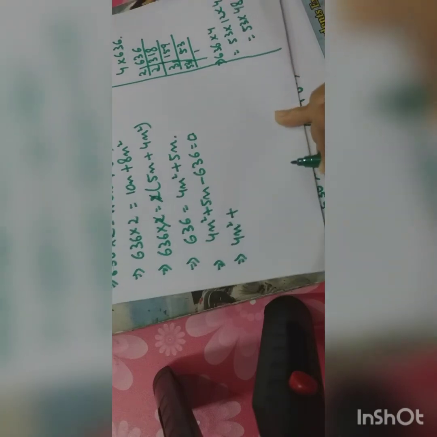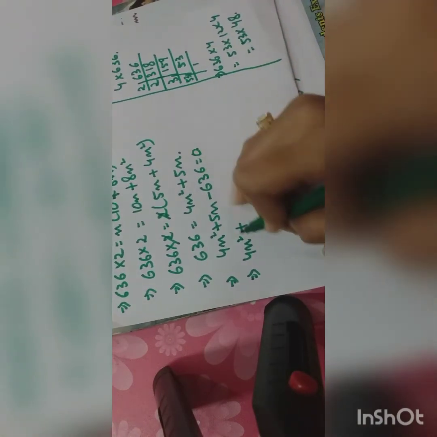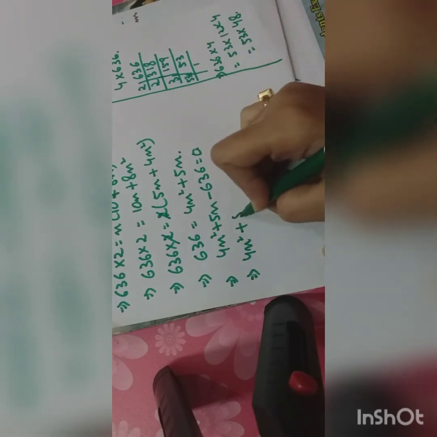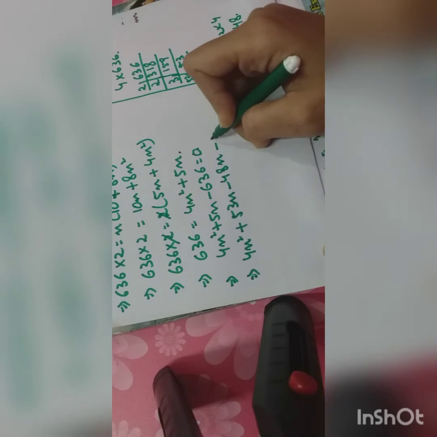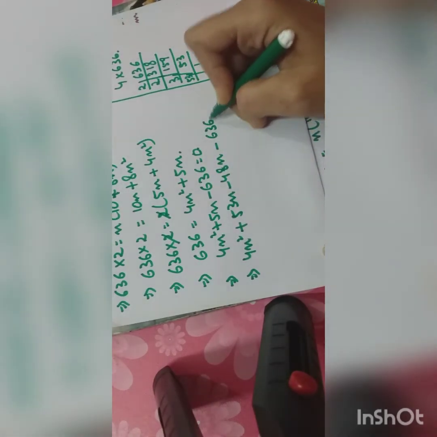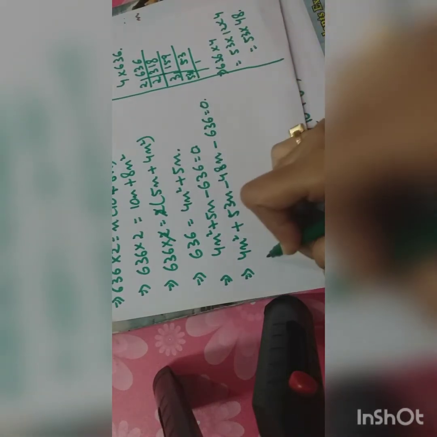So this 4n square, I have broken as plus 53n minus 48n, and here it is minus 636 equals to 0.